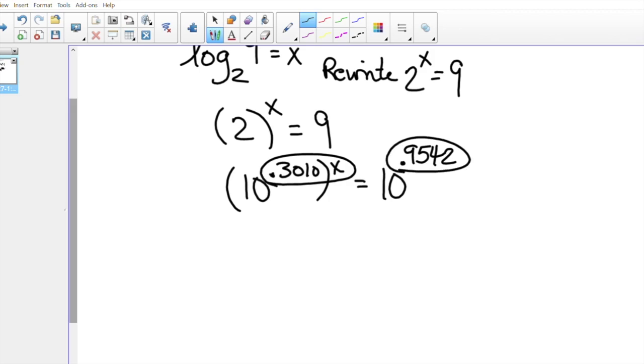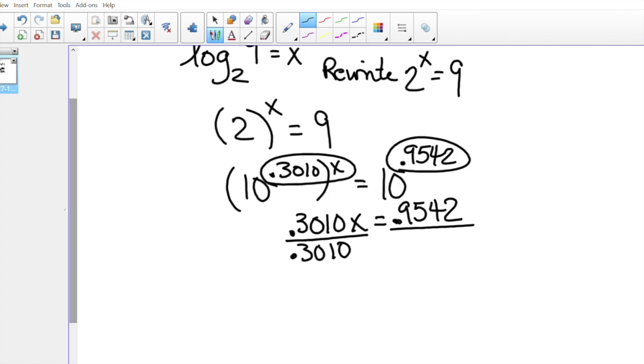And so you would have 0.3010x equals 0.9542. Now, to solve for x, you would divide, and the answer would be whatever your calculator computes, 0.9542 divided by 0.3010.